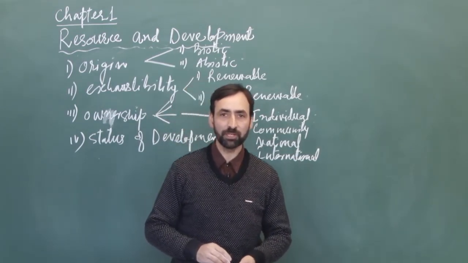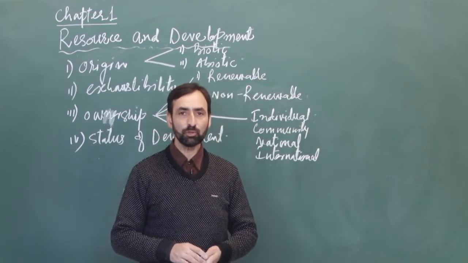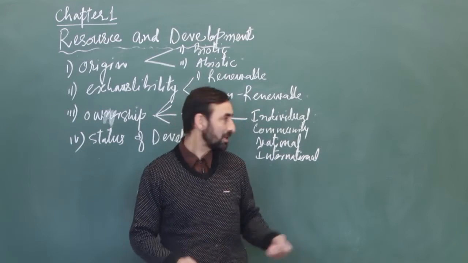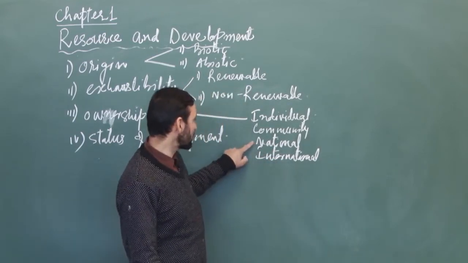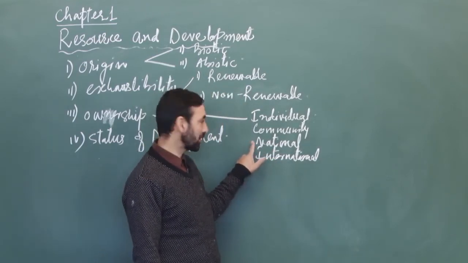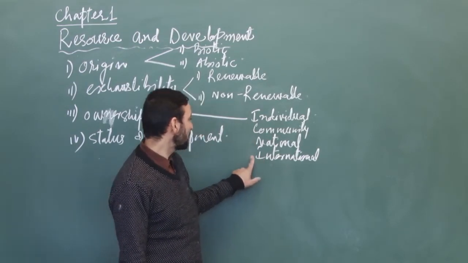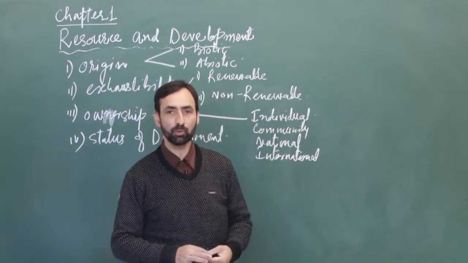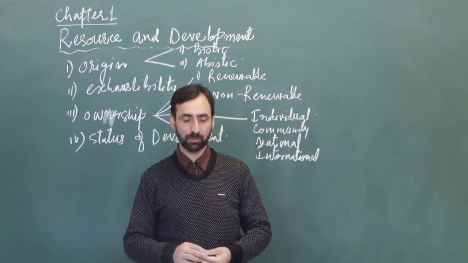UNO has permitted India to utilize such resources up to 200 nautical miles. Otherwise, we have permission up to 12 nautical miles for national resources. For international resources, the distance increases to 200 nautical miles with the permission of UNO.